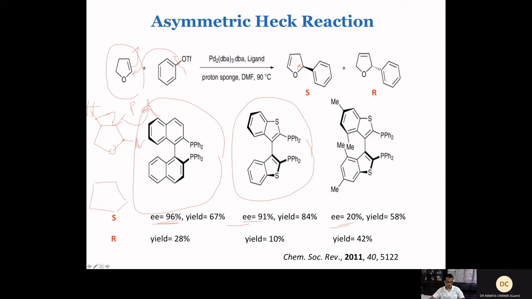once it goes out in H palladium form, then again it can go out and form an intermediate. So let me draw the intermediate in here. Then it forms an intermediate where palladium is sitting there and aryl group is sitting here, right?